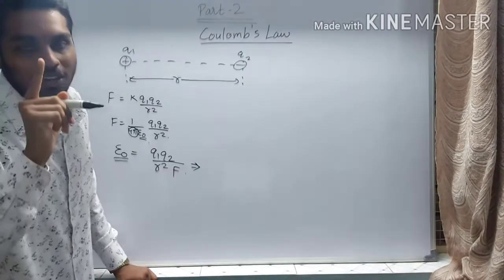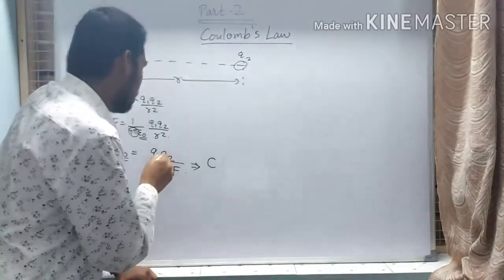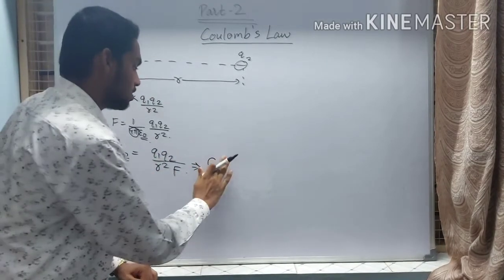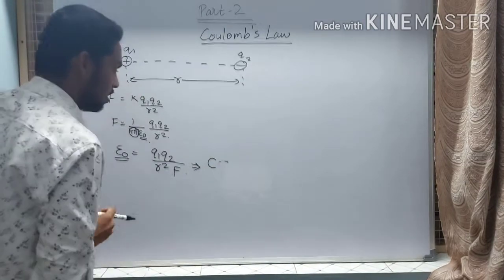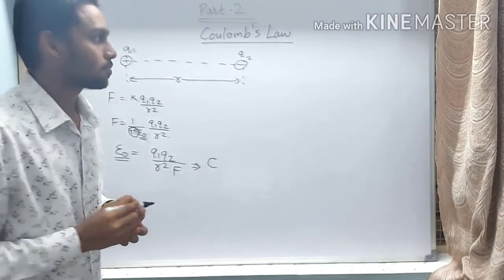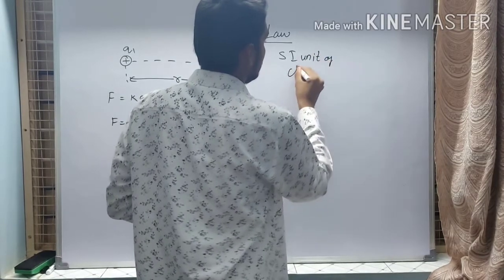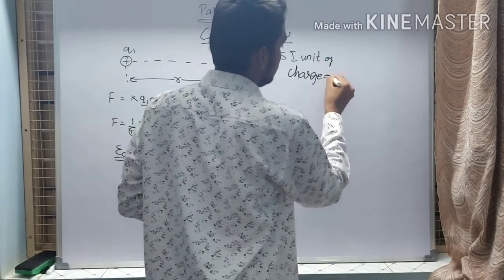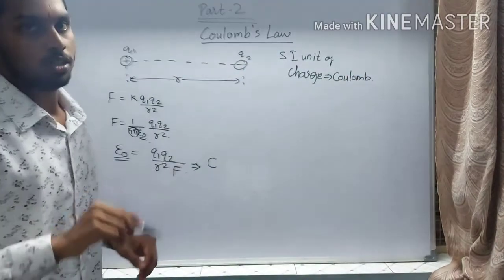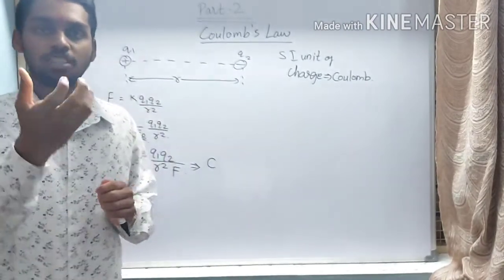The SI unit of charge is Coulomb. We have two charges, so C into C. Before going further, what is an SI unit? If we are measuring anything, we measure it in some standard quantities.